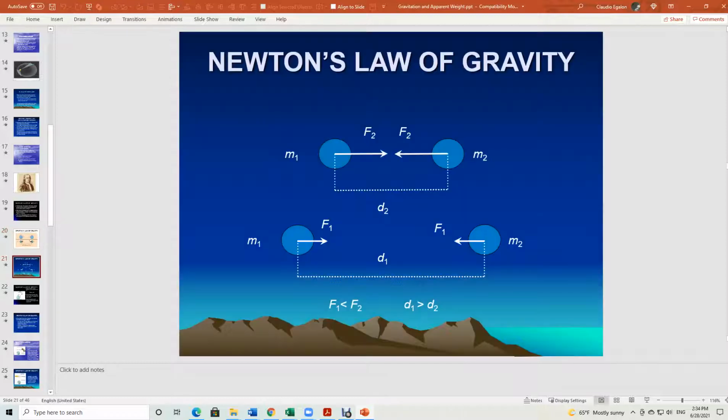There is another side to this coin. It has to do with the distance. The force increases with the mass, but the force decreases with the distance. See that? The masses are the same, but the distance increased from d2 to d1, and the force decreased.